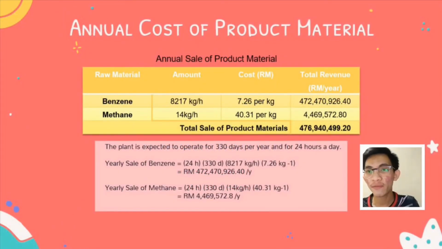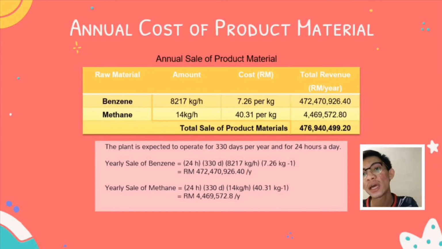Okay, here I have been calculating the annual cost of product material, where our products are benzene and methane, at 8,270 kg per hour and 14 kg per hour respectively. The price will be 7 ringgit 26 cents per kilogram for benzene, while methane is 40 ringgit 31 cents per kilogram.